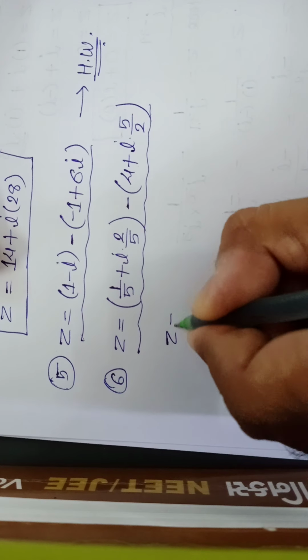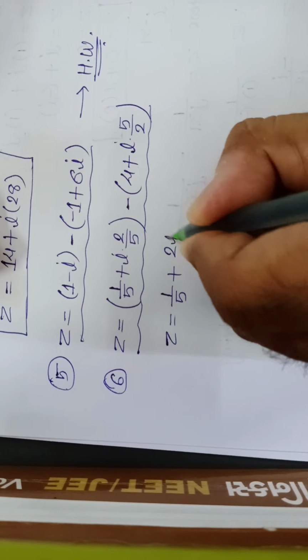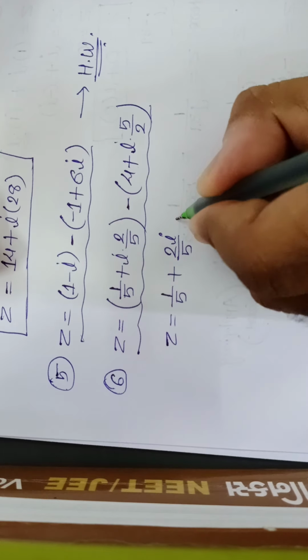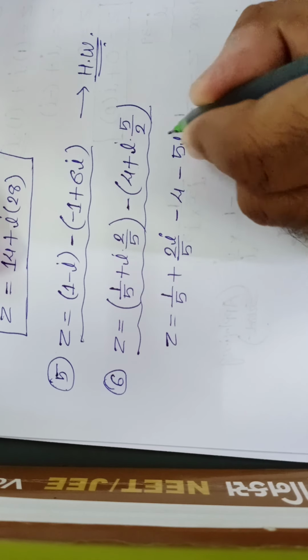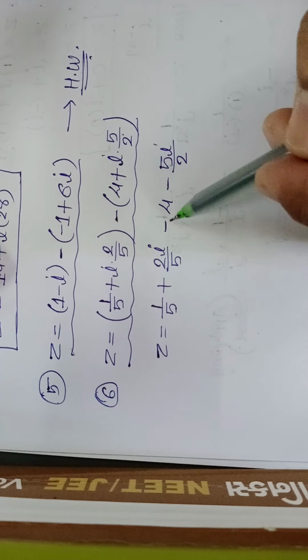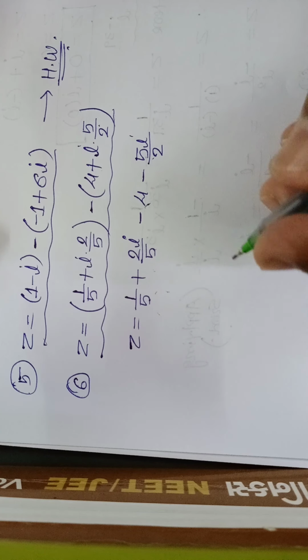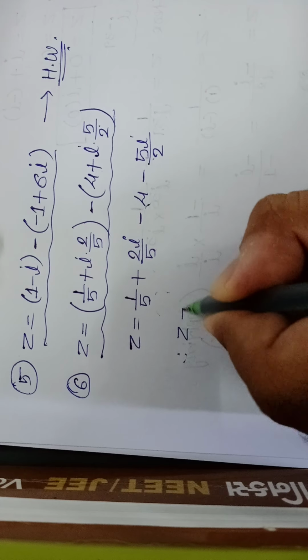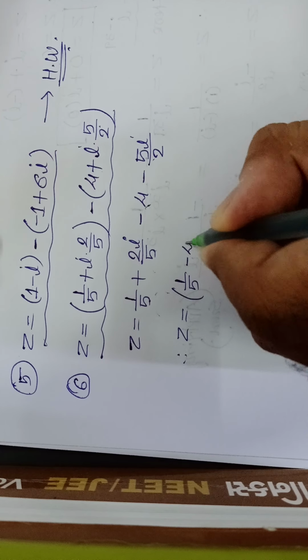So Z can be written as 1 by 5 plus 2I by 5 minus 4 minus 5I by 2. Now write the terms of the real part together and the terms of the imaginary part together. So first of all, I write 1 by 5 minus 4.